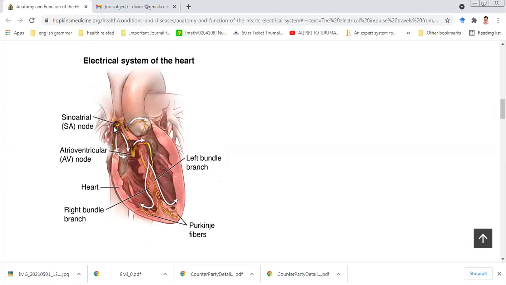This SA node is present above the right atrium, and it will pump the signal to the atrium and also to the atrioventricular node, the AV node.